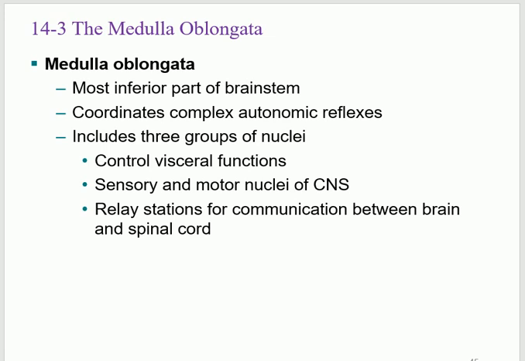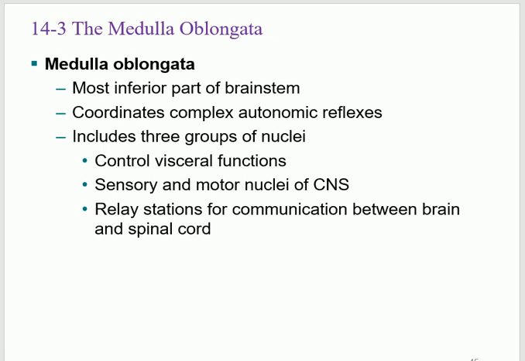Okay, so now we're getting into the different parts of the brainstem. The first one is the medulla oblongata, which is the lowest one, the one at the bottom.